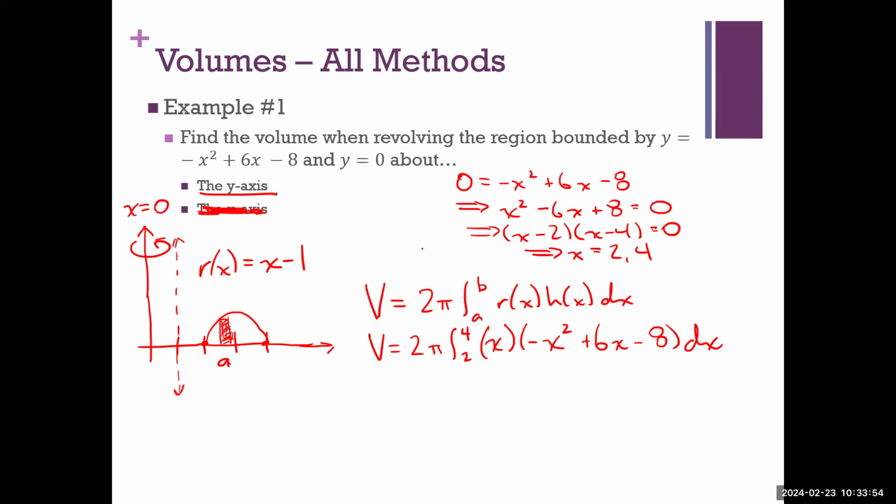For that particular example, you need the thing you're rotating around to be before your function. Say it was like x equals 5, then you would have to do it the other way. The other possibility here is 1 minus x. If I do 1 minus x, what do I know about all the x values in here? They're between 2 and 4, so they're bigger than 1.